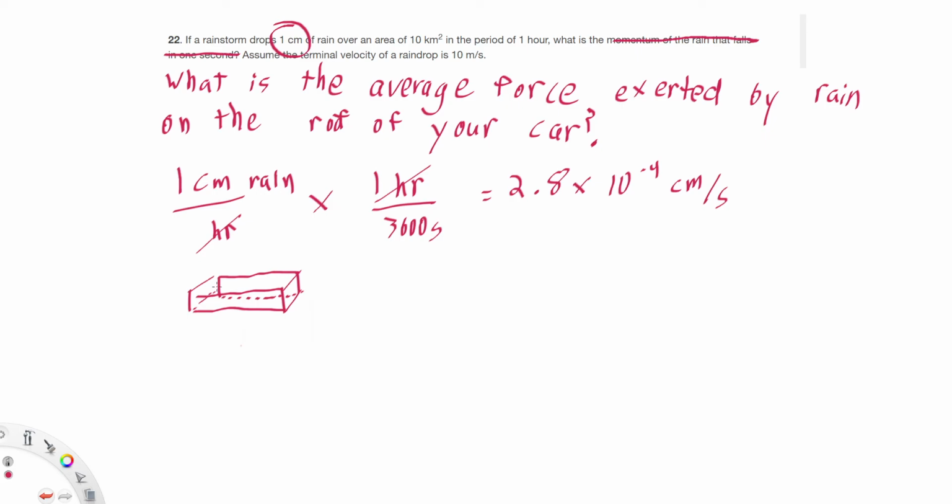So the total volume of rain we're looking at, if this side is 1 meter, this side is 1 meter, and the height is 2.8 times 10 to the negative 6 meters, right? Because 10 to the negative 4 centimeters is going to be 10 to the negative 6 meters. So the total volume that we're talking about here is 2.8 times 10 to the minus 6 cubic meters of water.